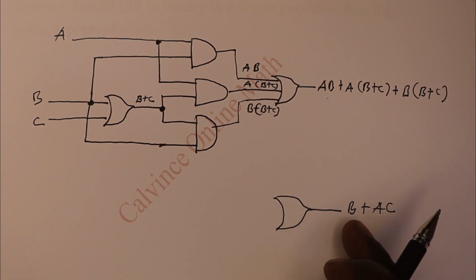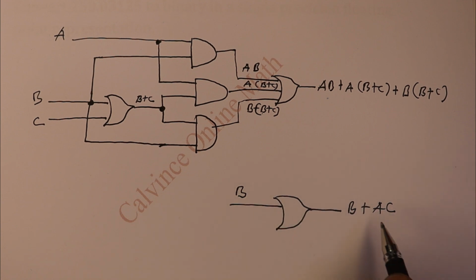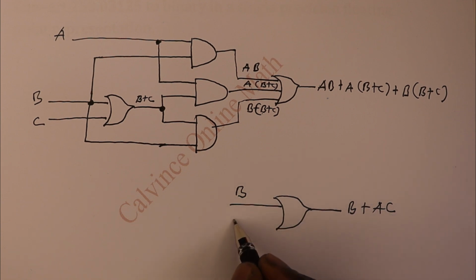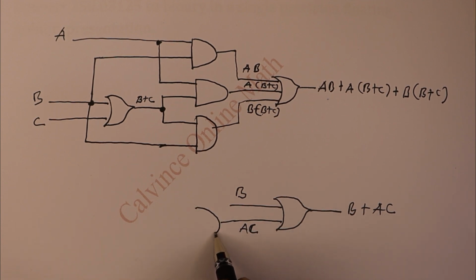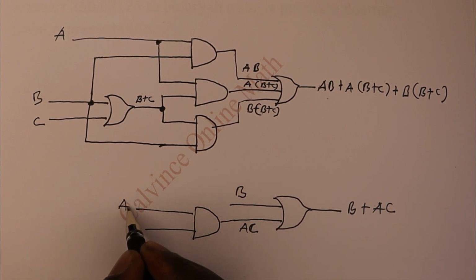And we have two inputs, B and AC. So B is direct, but AC is not direct. It must have passed through another gate. So there's a product between A and C. So it means it was through an AND gate. So we just draw a symbol for an AND gate, which has got two inputs, that is A and C.